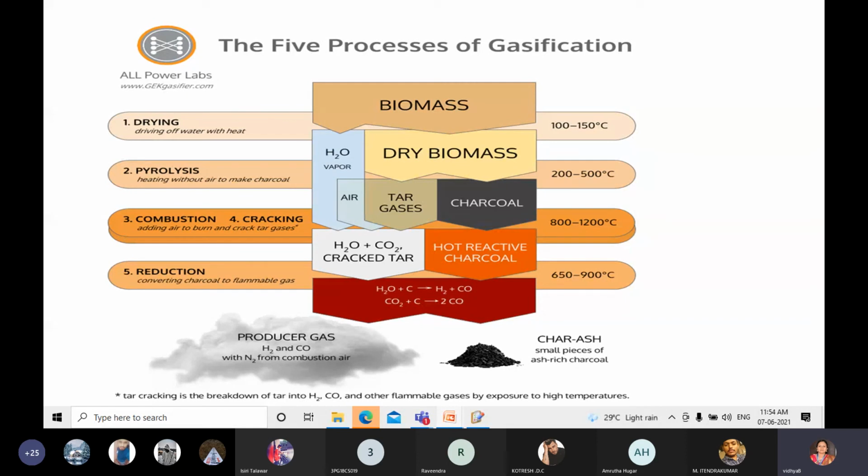And here, the conversion efficiency of a gasifier is defined as the ratio of the heat content in the producer gas to the heat content in the biomass supplied.